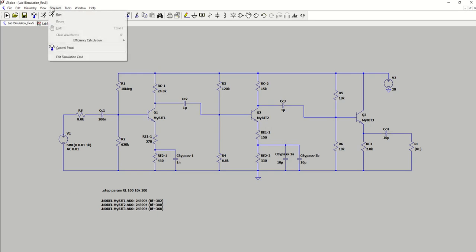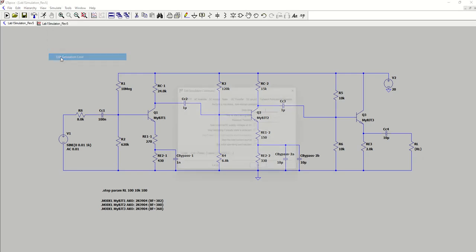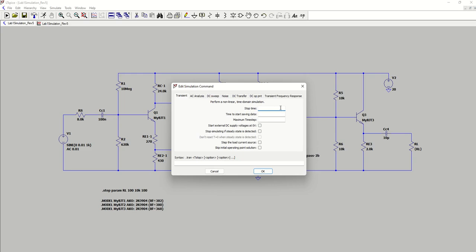And then we need to do a transient analysis. You can come up to simulate and type in edit simulation and pull up a transient analysis. I'm going to have it stop at 104 milliseconds, and we will start at 100 milliseconds.